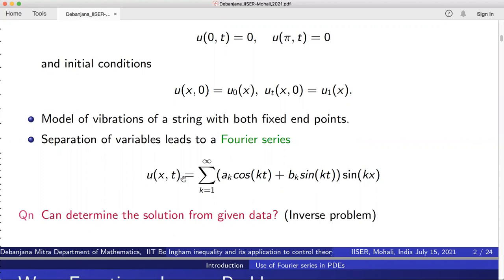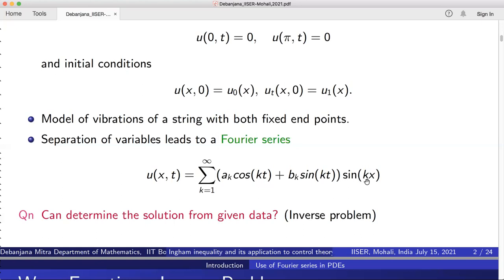So u(x,t) is equal to the summation of a_k cos kt plus b_k sin kt, which is the function of t with those coefficients, and then it is multiplied with sin kx, where k is running from 1 to infinity. Note that since we have this Dirichlet boundary condition, I need the sin kx function.